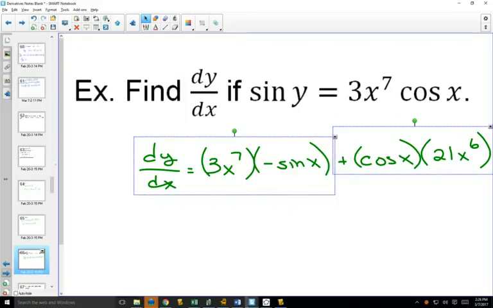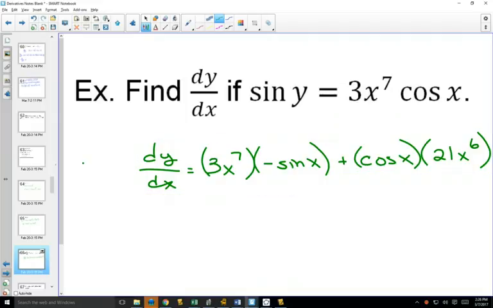Thank you for noticing that. I totally just didn't read that sin. The derivative of sine is cos. So it would be cos of y times dy dx. Because the derivative of sine is cos, but anytime we're doing a derivative with a y in it, with our implicit differentiation from yesterday, we do the chain rule and multiply by dy dx.